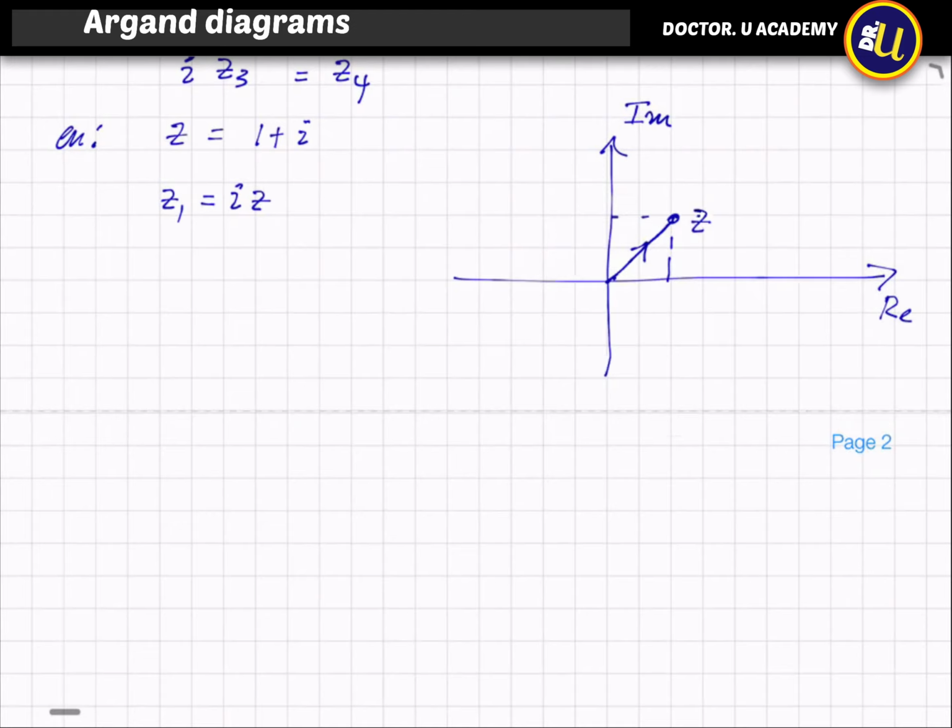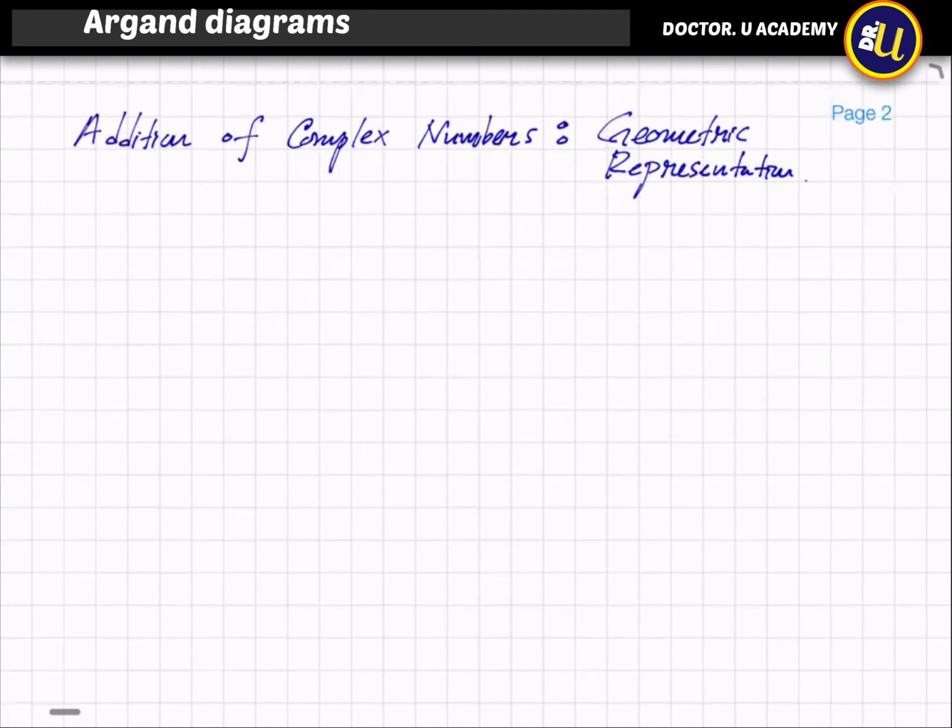So that would be somewhere here, and this angle would be 90. This is your z1. Now if you go into details, you can find the coordinates. z1 is equal to iz, so that would be i times 1 plus i, which is i minus 1. If you write minus 1 plus i, this one would be minus 1, and this one would be 1 on the imaginary axis.